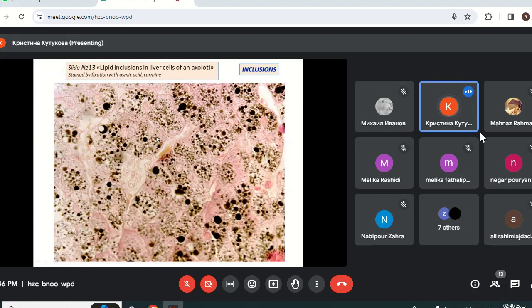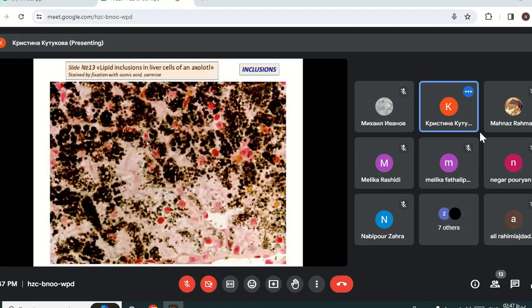And now glycogen granules are not seen, but instead we can see the lipid droplets. So these dark black and brownish looking droplets are actually lipid droplets inside the cytoplasm of hepatocytes. And in this specimen, with heavier staining, it means that this liver has a higher amount of lipid droplets in hepatocytes.